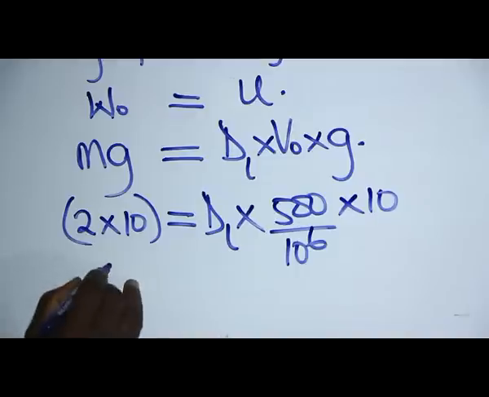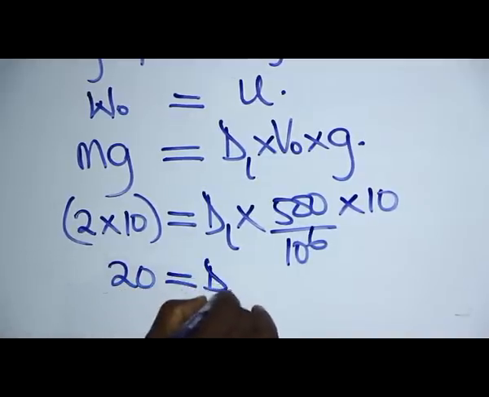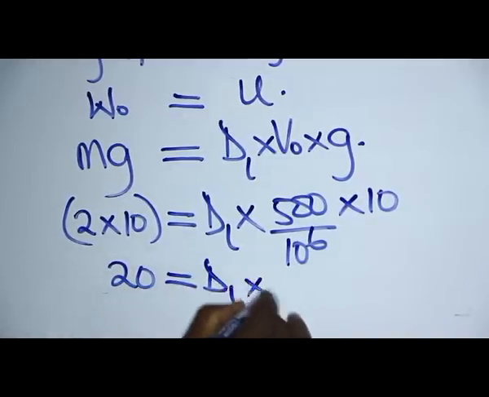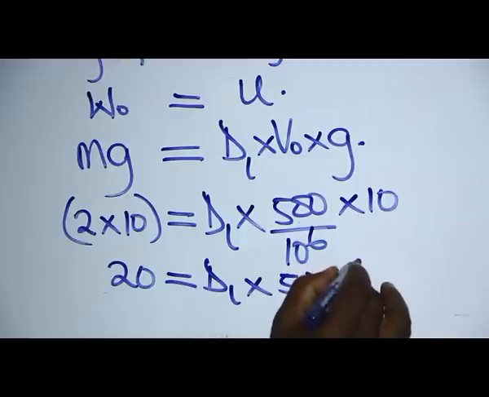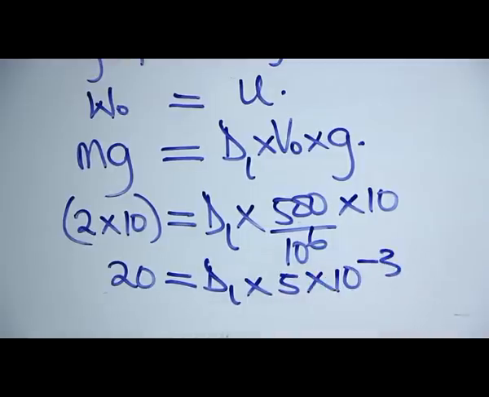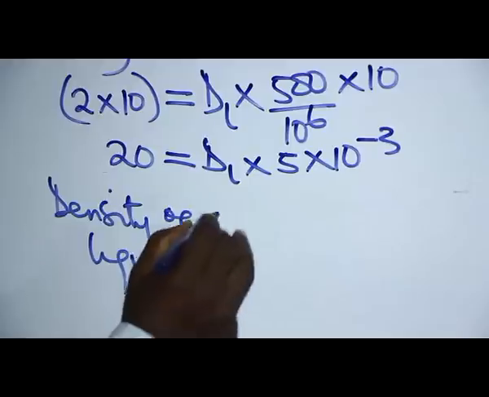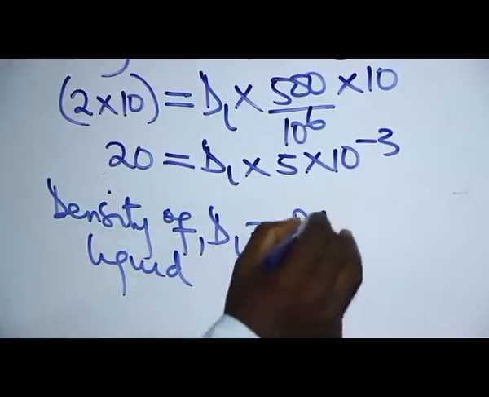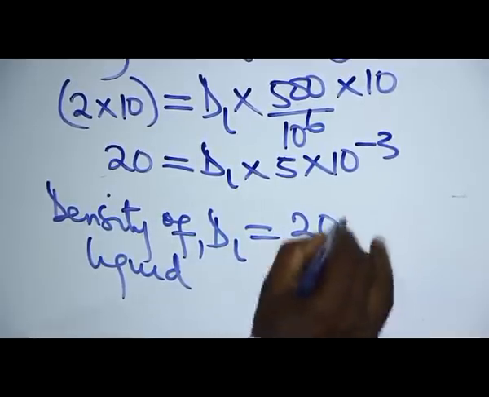By this, we now have 20 is equal to density of the liquid times 5 times 10 raised to power minus 3. Density of liquid is equal to 20 divided by 5 times 10 raised to power minus 3.